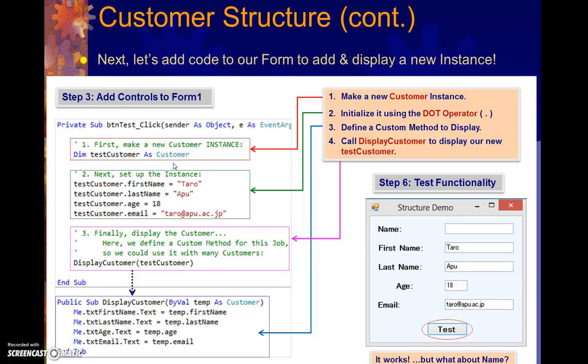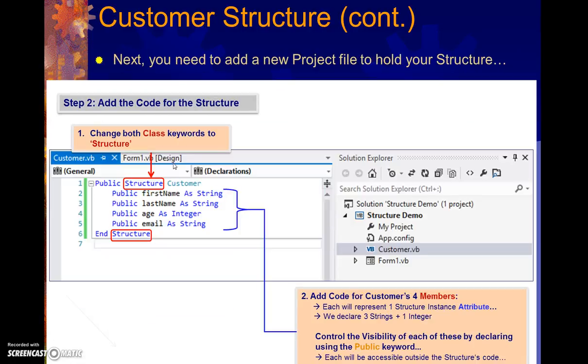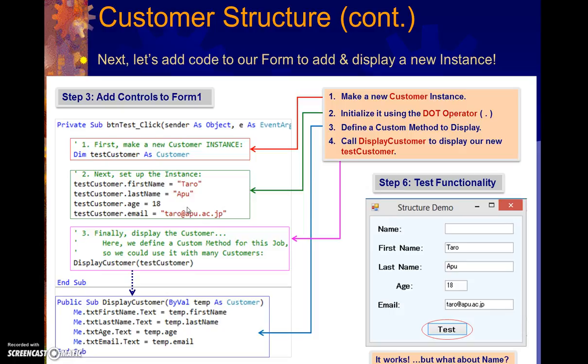There is no data type called customer. But actually, that's what you just created in this last slide. When you create this so-called structure, you're creating a new data type. That's the new part here, we're creating a new data type called a structure. So once we've done that, then we're allowed to say As Customer.